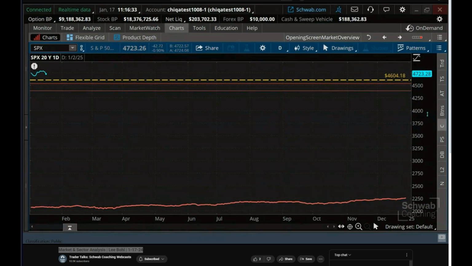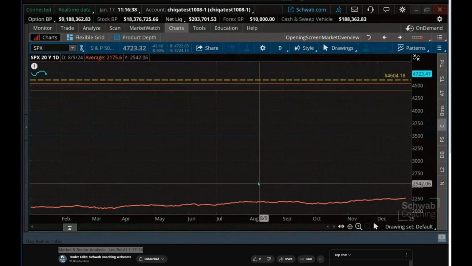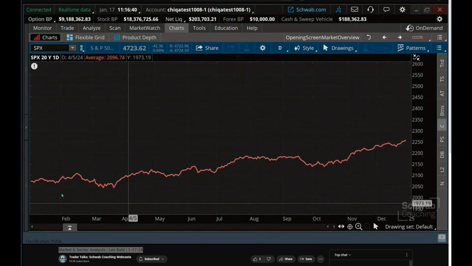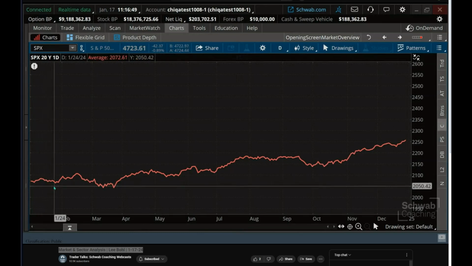We can't see it very easily, so we click on this little thing, go manual, and do this real quick. Not that you need to know how to do that necessarily, but here we are. From the 11th, historically, you can see we're in a seasonally weaker pattern here, and that's going to continue, if we go by this chart, for almost the rest of the month.